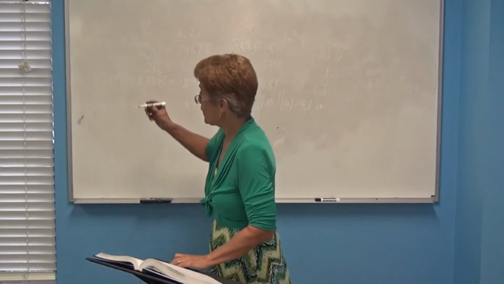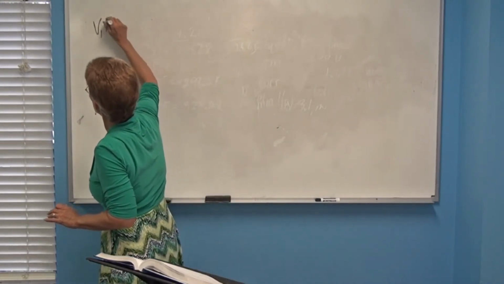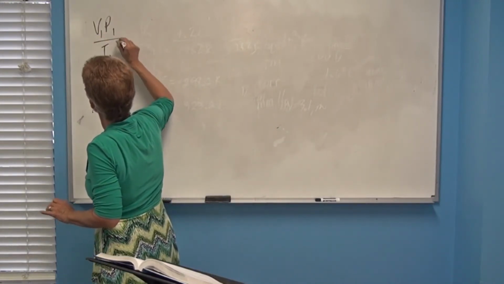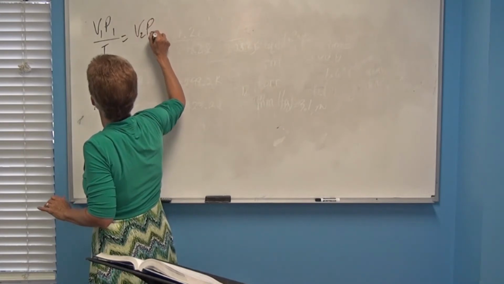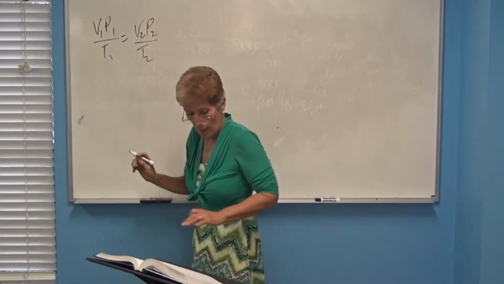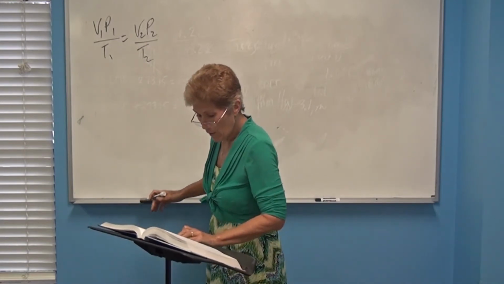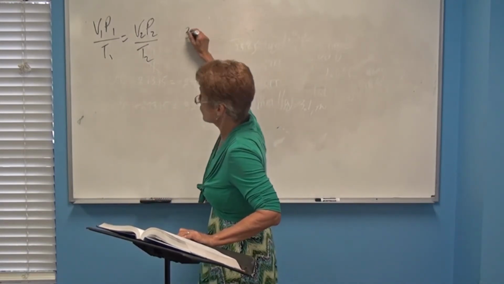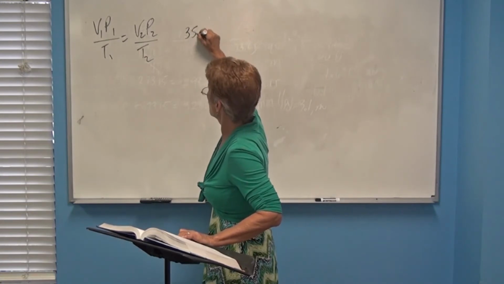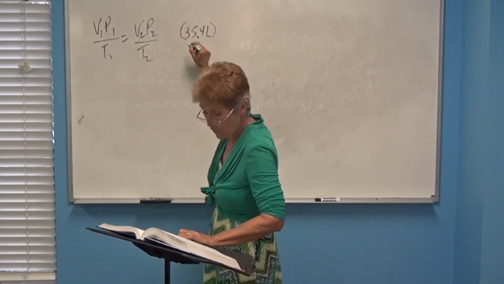Okay, so once again, we have V1 P1 over T1 equals V2 P2 over T2. And so now we're going to use all of them. The volume is 35.4 liters.